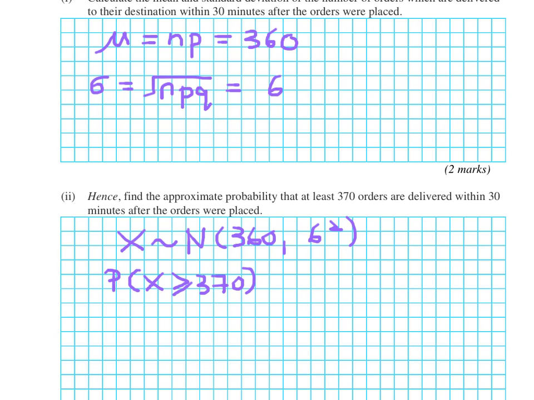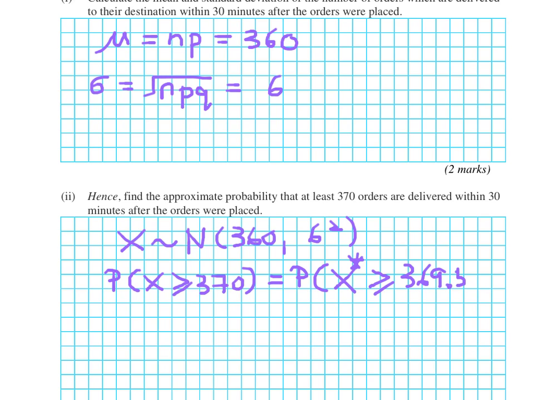And here it means at least 370, so this is a case where we need to do a continuity correction. So it would be P of a new variable, let's call it x star, greater or equal to 369.5.